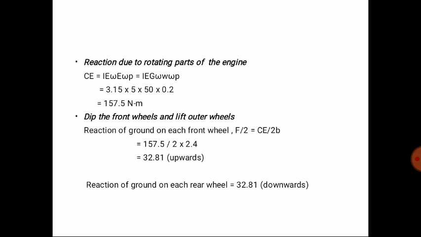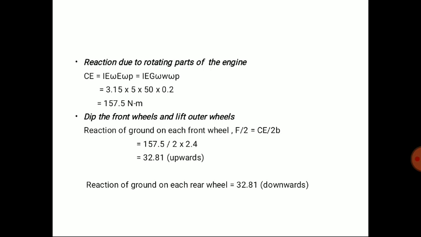So when a couple acts in the clockwise direction, what will it do? Clockwise direction means the front wheel will dip and the outer wheel will move upward, right? The front will dip and the outer will lift upward. Just think, then you will get the idea.